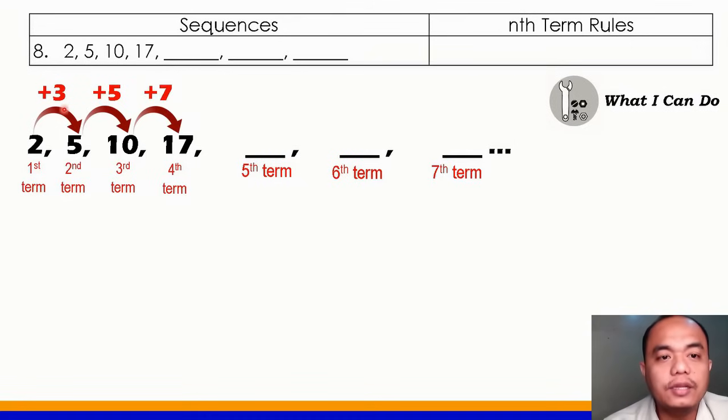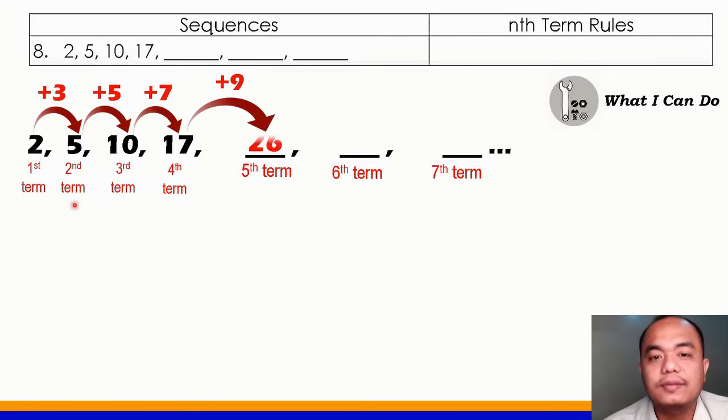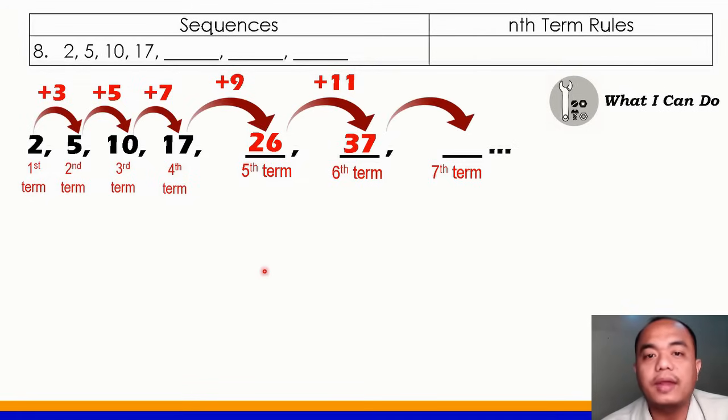So, kung makikita ninyo, we have a common difference of consecutive odd numbers. This is 9, right? So, you add 17 and 9, that makes it 26. So, after this we have 11. Common difference 11. And then 26 plus 11, that will give you 37. And after 11, obviously, that is 13. 37 plus 13 is 50.